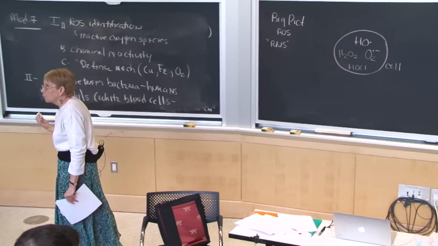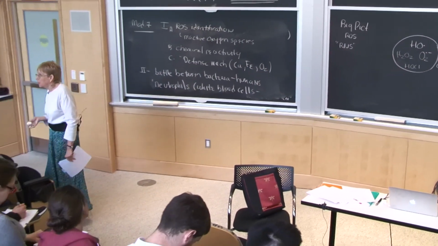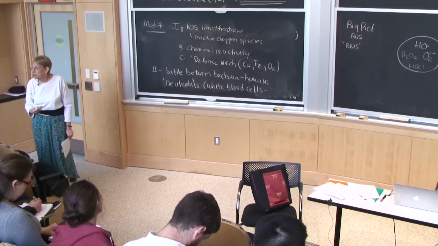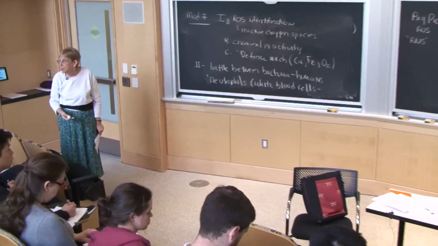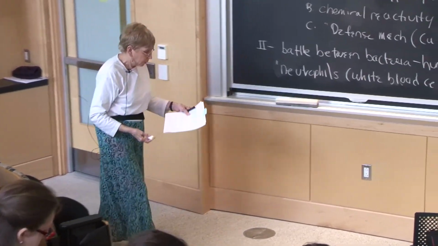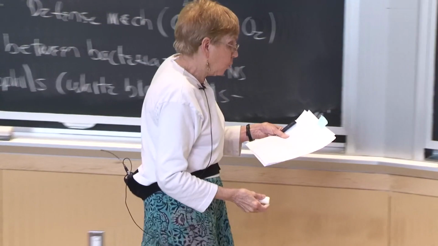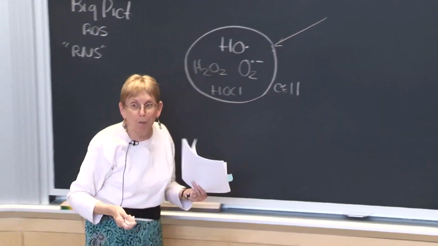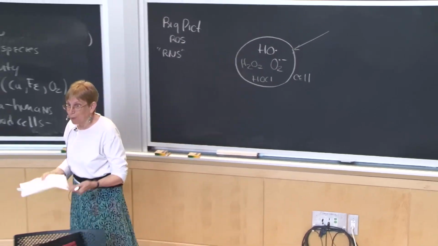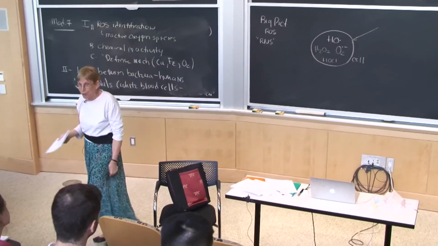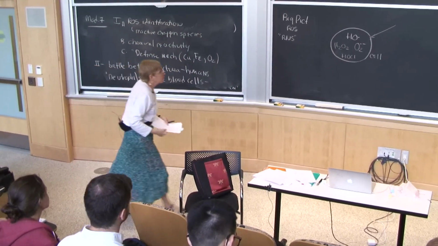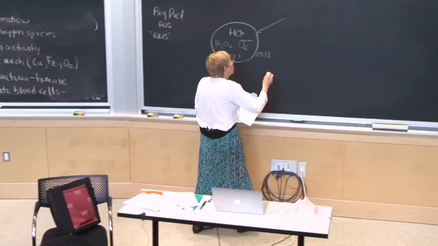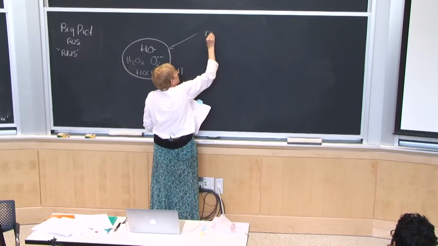Reactive oxygen species doesn't mean they have a free radical. They can do 1 electron or 2 electron chemistry, and we'll talk briefly about that. And so the question is, where did these come from? Remember we made a transition from an anaerobic to an aerobic world 1 billion years ago. During that process, we have a respiratory chain.